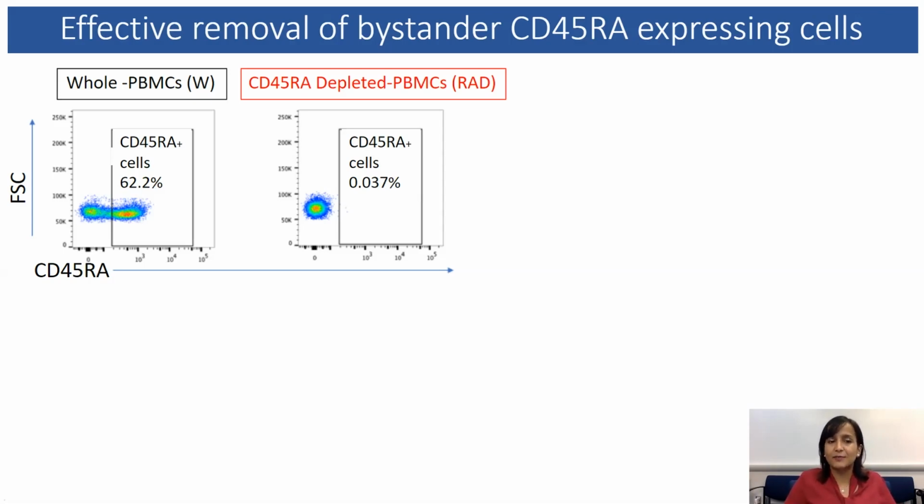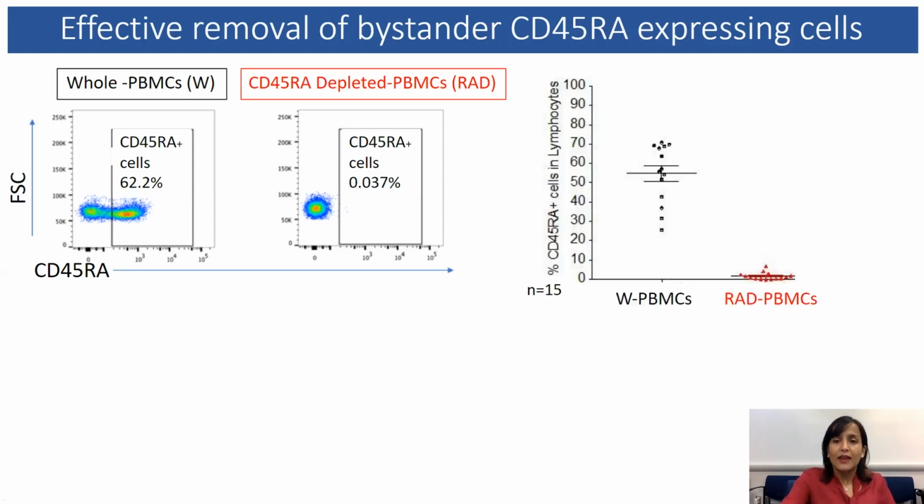And by utilizing these Miltenyi microbeads, you can notice that it was highly effectively depleted to leave just 0.03% CD45RA positive cells in our RA depleted PBMC fraction. This is more clearly shown in this graph for all the other donors combined, and you can see that we are indeed able to achieve highly successful and clean depletion of RA positive cells with this technique.